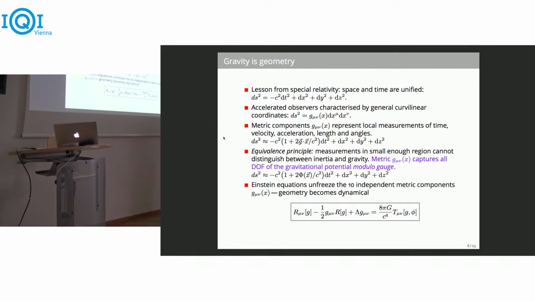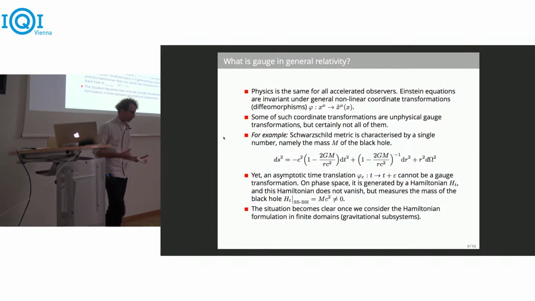However, there's a gauge redundancy. Not all of these 10 components represent physical degrees of freedom. So what are now the gauge degrees of freedom, the gauge transformations of the gravitational field? Well, the Einstein equations are invariant under change of coordinates.